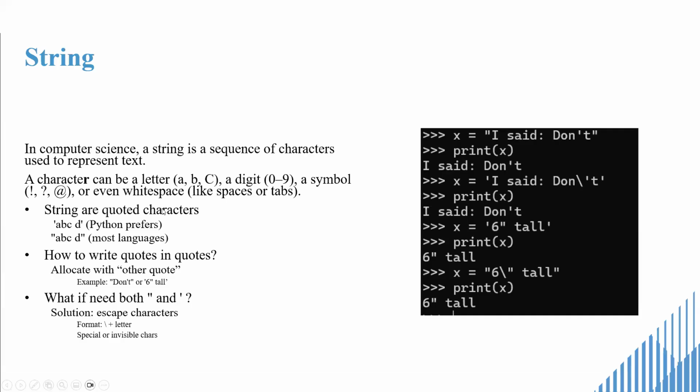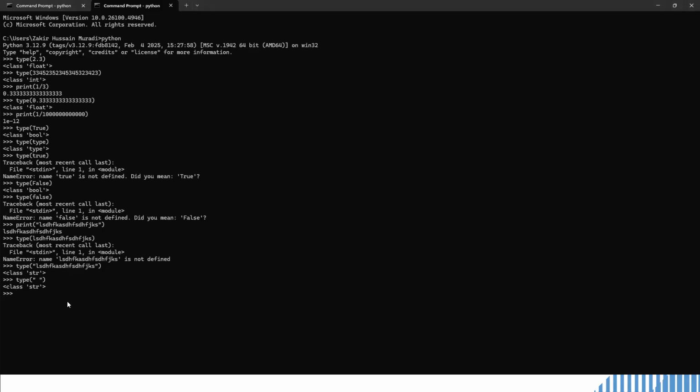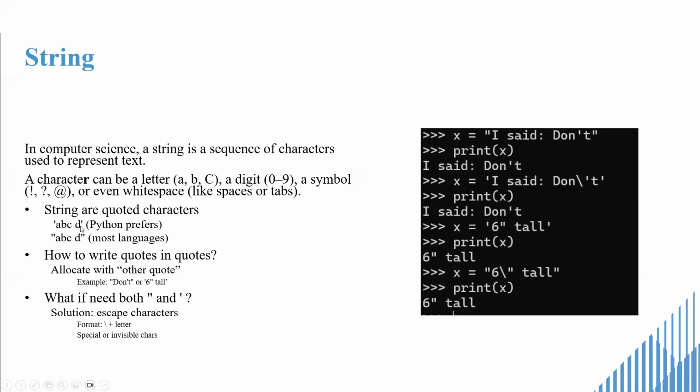The strings are quoted characters, and keep in mind, please, that you should not forget to write this quotation while you are writing. If I write print without quotation, Zakir, now it will give you an error because it is always quoted characters.